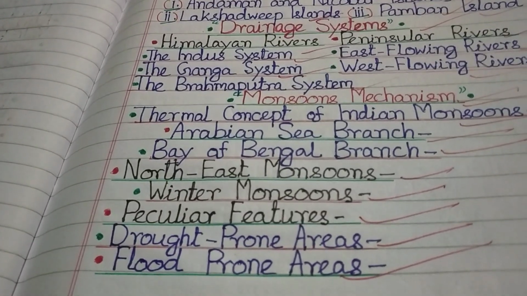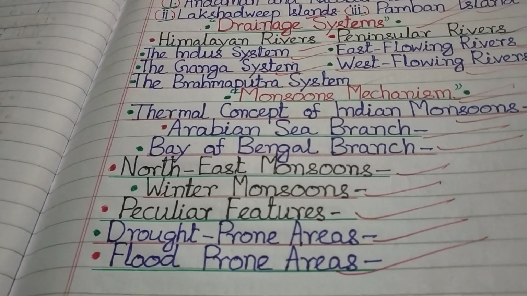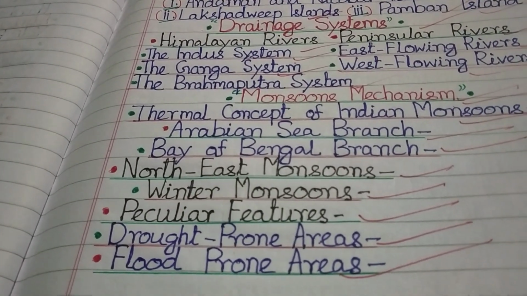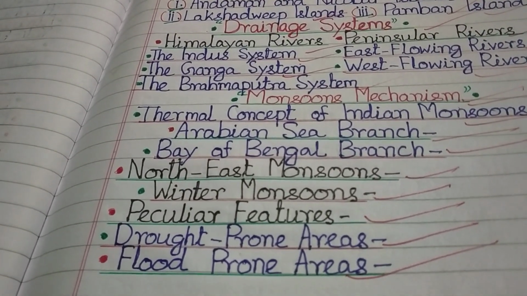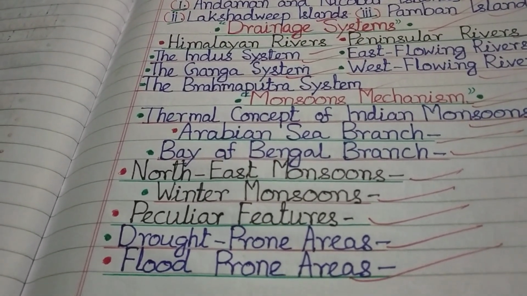According to the thermal concept, during the period following the spring equinox, that is March 23, the sun starts its apparent northward shift.